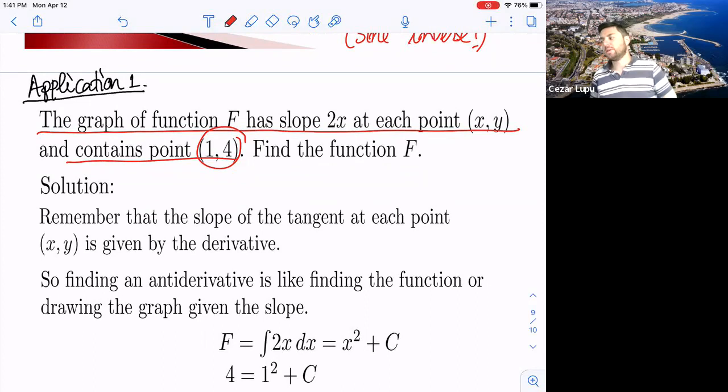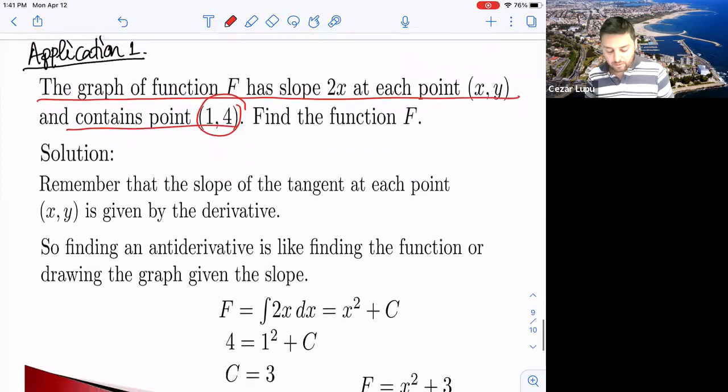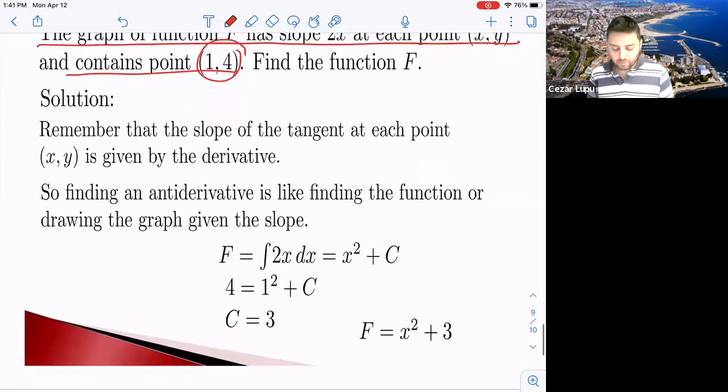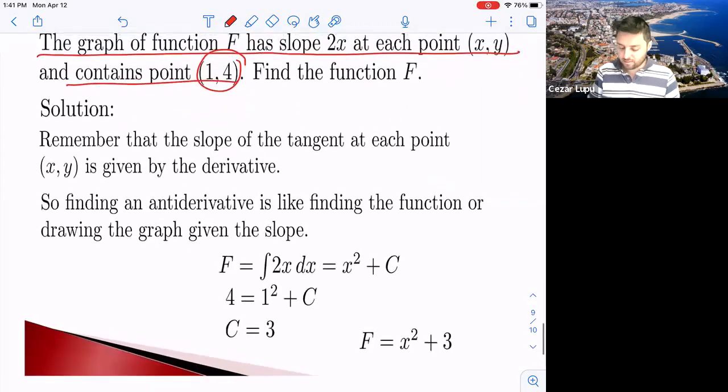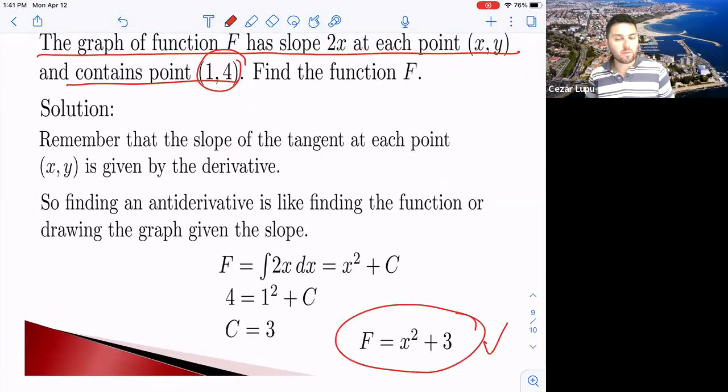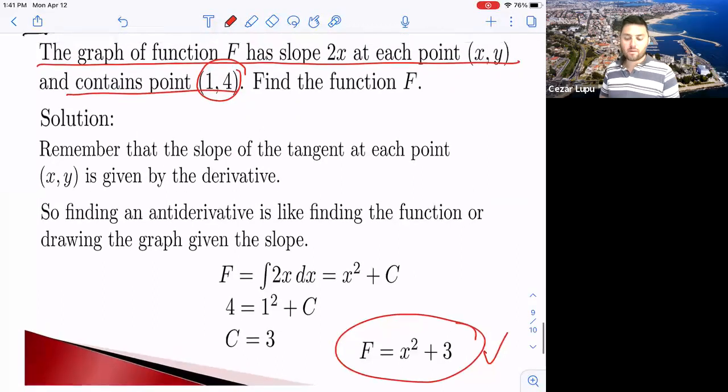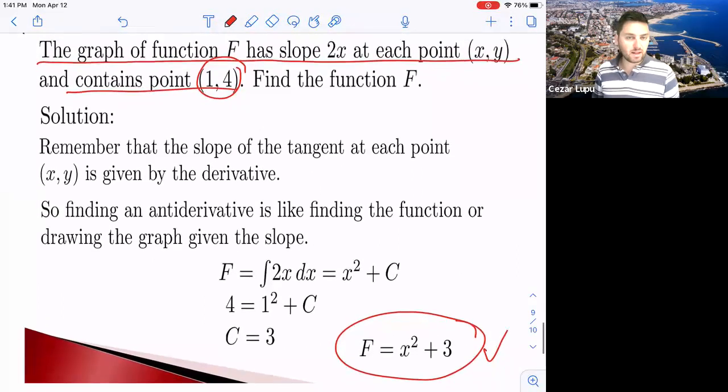So in other words, c will be 3. So therefore, we determined the constant c, and our function is nothing else than just x squared plus 3. You see, that was the only thing you needed to do. Just remember that the slope of the tangent line at each point is given by the derivative, right?